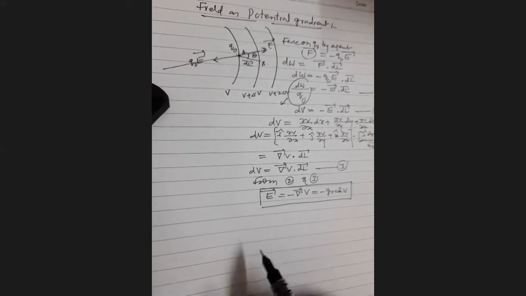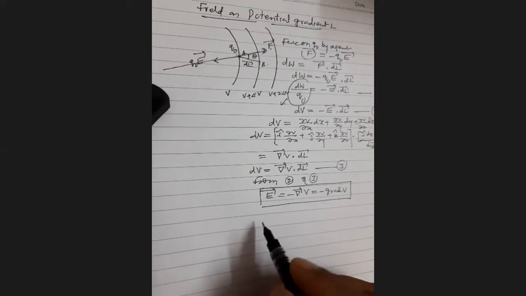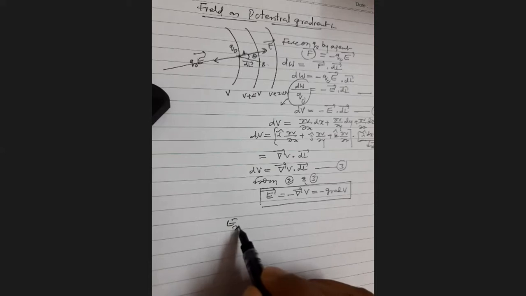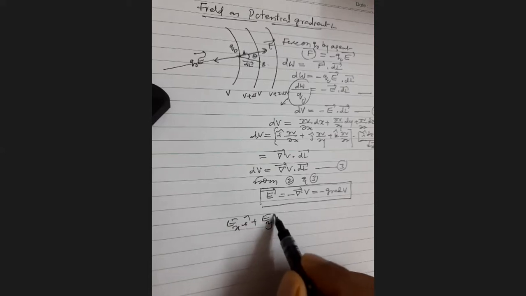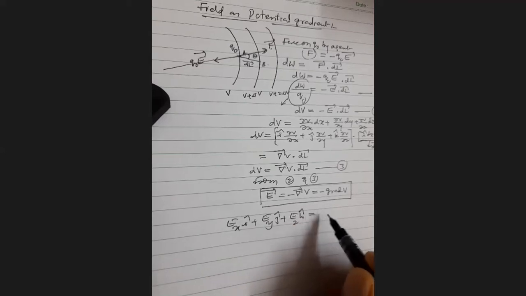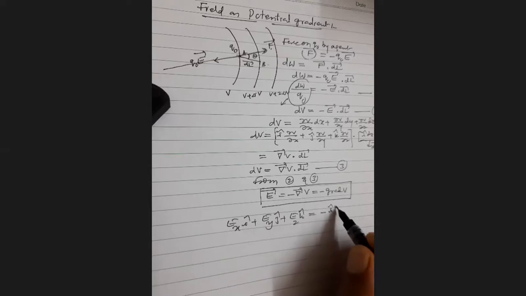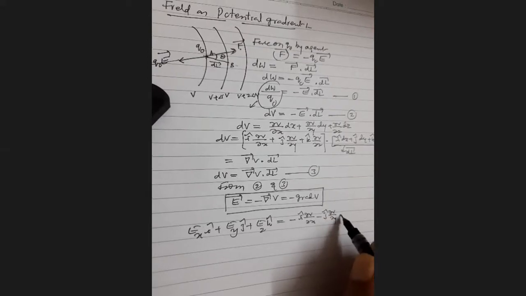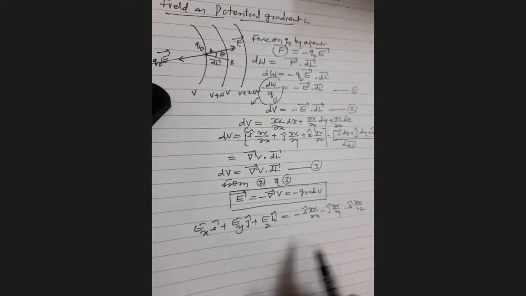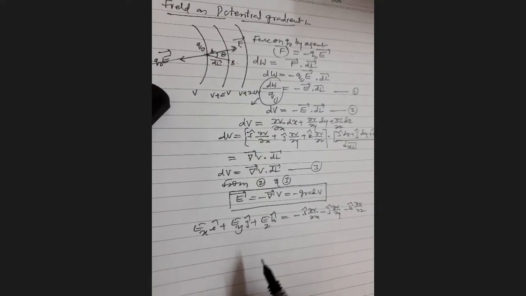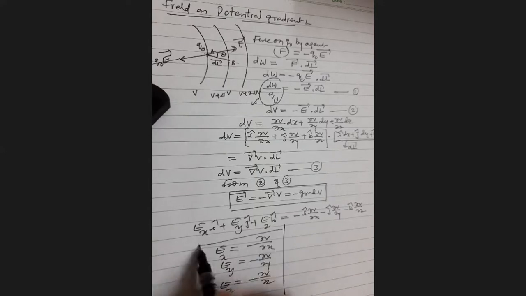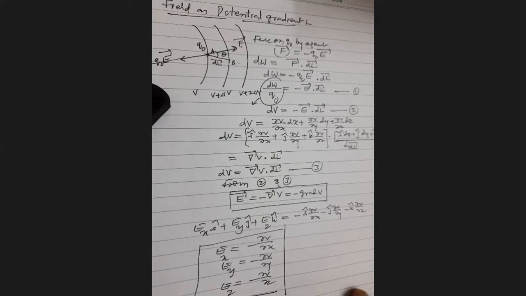If the electric field vector has components Ex, Ey, Ez, E bar can be written as Ex i cap plus Ey j cap plus Ez k cap, which equals minus del bar V: I cap dou V by dou X minus J cap dou V by dou Y minus K cap dou V by dou Z. Comparing the left and right hand sides, Ex equals minus dou V by dou X, Ey equals minus dou V by dou Y, Ez equals minus dou V by dou Z. These are the electric field strength components along the X, Y, Z directions.